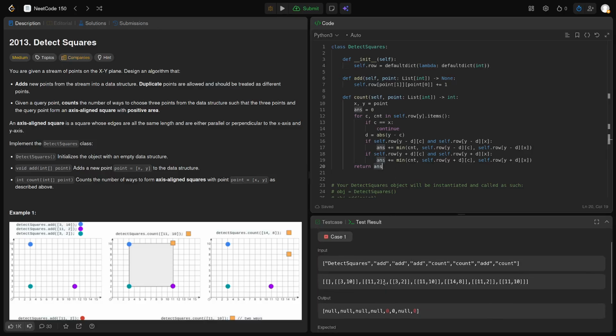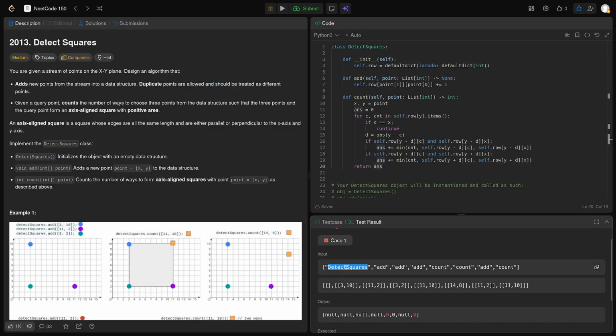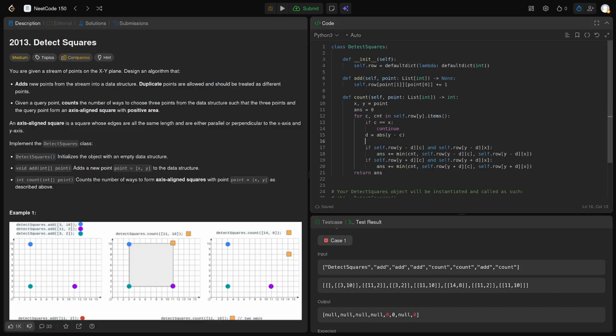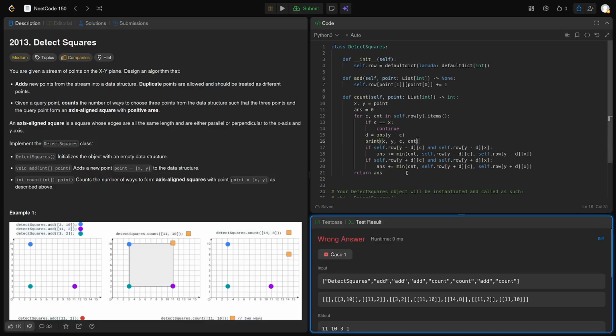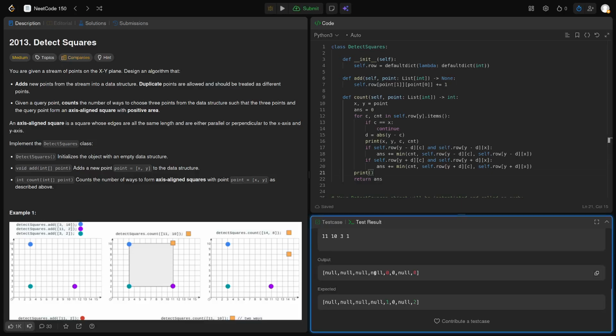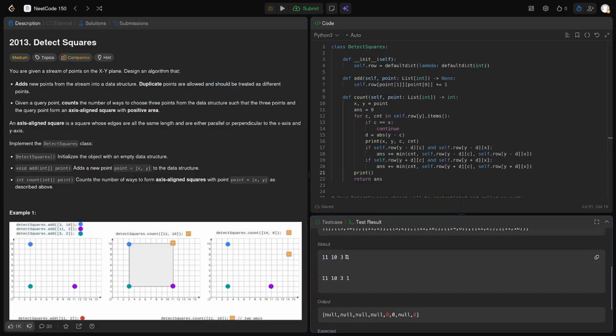Let's go. So first get that x squared, add, and then we go for the first count with 11, 10, right? Print xy c count. Let's see. And after all this, we'll print so that we know where we are. Now this is 11, 10, and we get 3, 1, right?